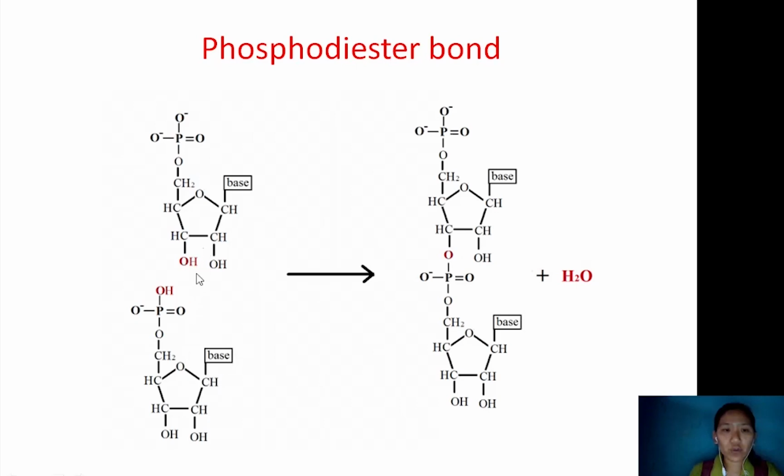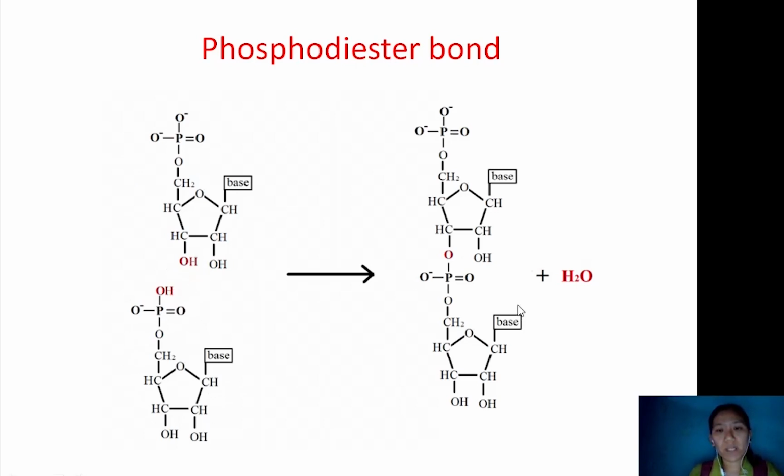Now, these 2 nucleotides have to be bound. This is possible again by the release of water, and the bond formation is between the 3' OH, the third position of carbon, of the first nucleotide and the 5' phosphate of the next nucleotide.